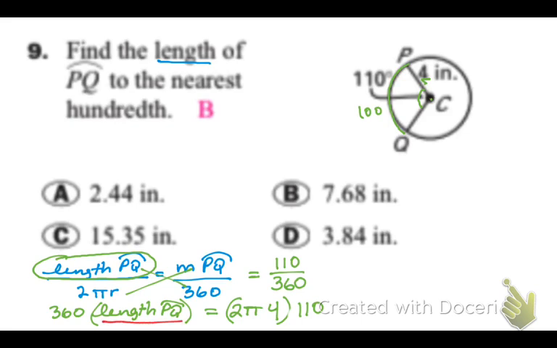Okay, so in order to figure out the length of PQ, we need to isolate it, so we're going to divide both sides by 360, and what we get is the length of PQ is equal to 2 pi times 4, which is equal to 8 pi, times 110 divided by 360.